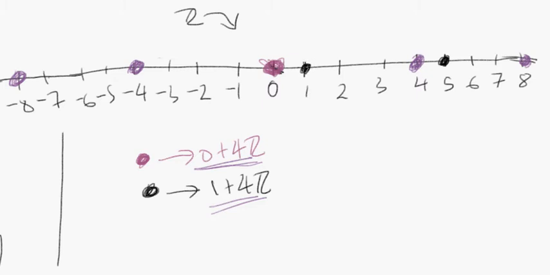Well, actually negative 3 as well would give us a remainder of 1. Every fourth one: 1, 2, 3, 4. If we divide negative 3 by 4, we also get a remainder of 1. That seems accurate, doesn't it?